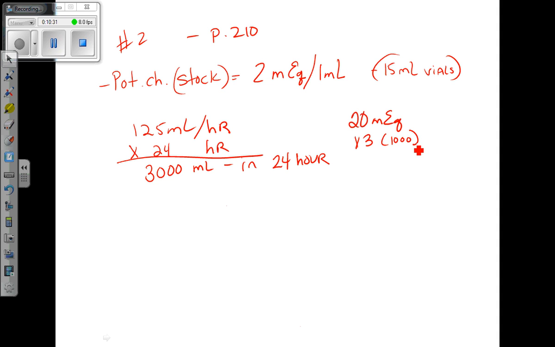Your prescription is 1,000 milliliters per bag, and you need 3,000. So you would need 3 of those to equal 3,000 milliliters. That's how we come up with the number 3, so multiply it 3 times. 20 times 3 would be 60 milliequivalents of potassium chloride.